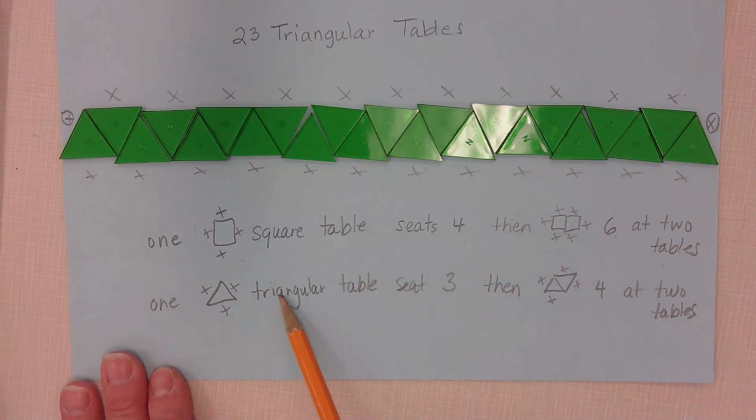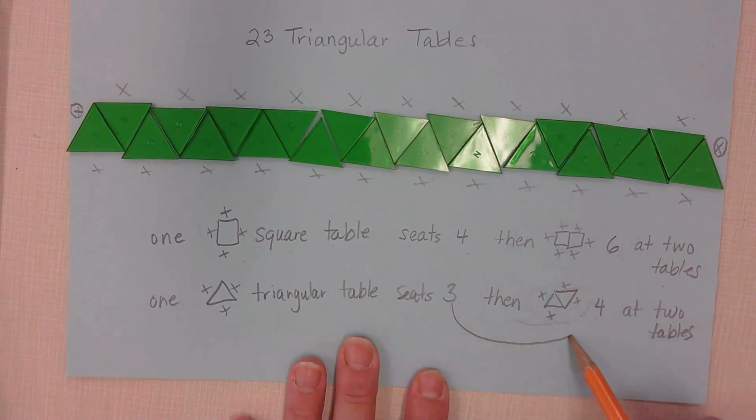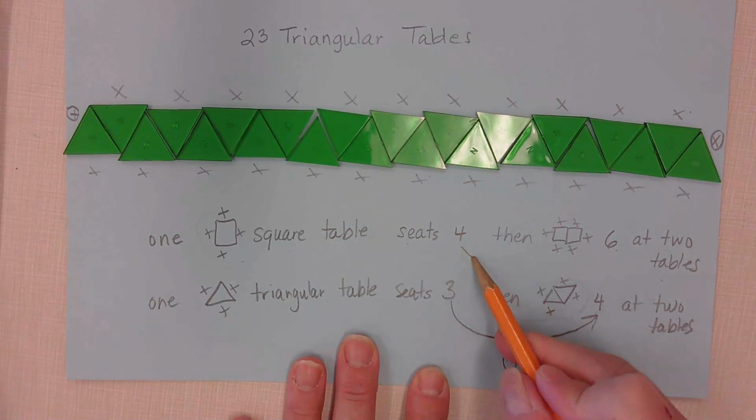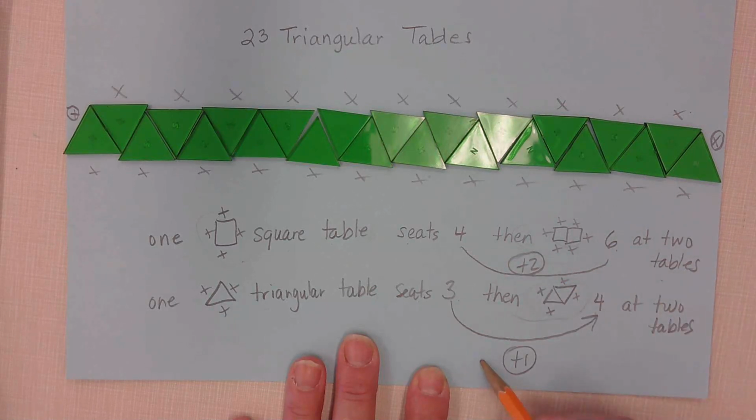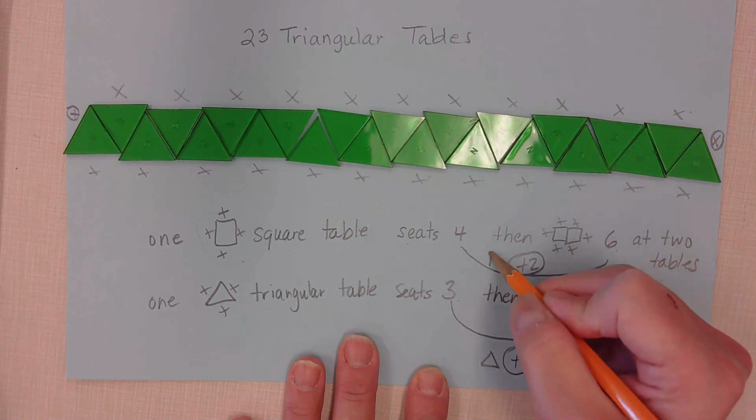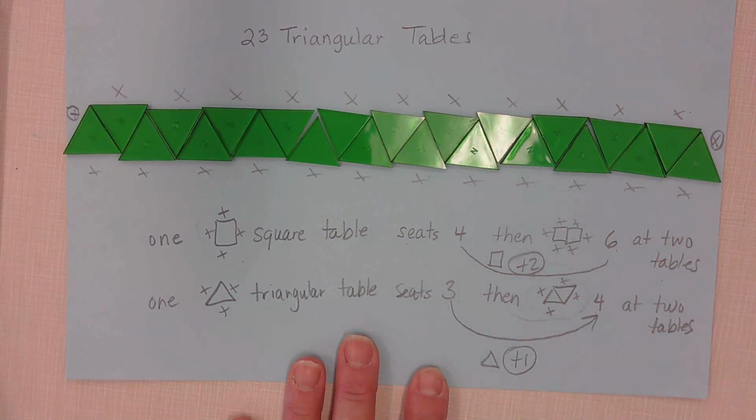Whereas one triangular table seats 3, and then when you add the tables, the 2 tables together, you only go from 3 to 4. So you're only making a pattern of +1 here, whereas here you were making a pattern of +2. The triangular table was only able to accommodate +1 in the pattern, but the square, when combined, was able to accommodate +2.